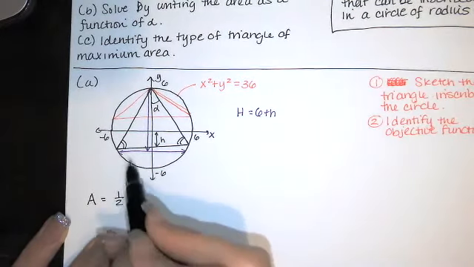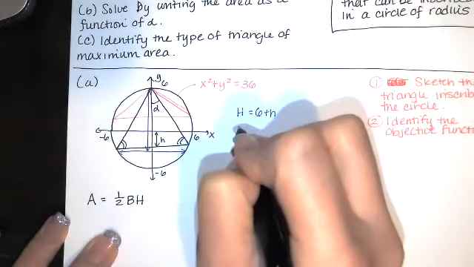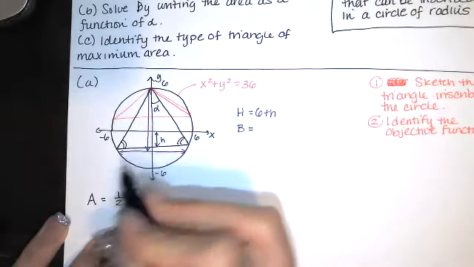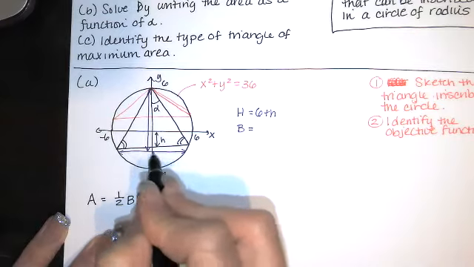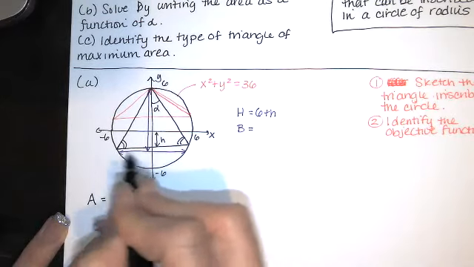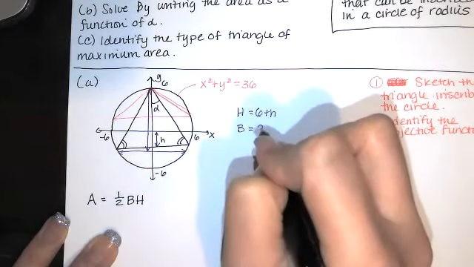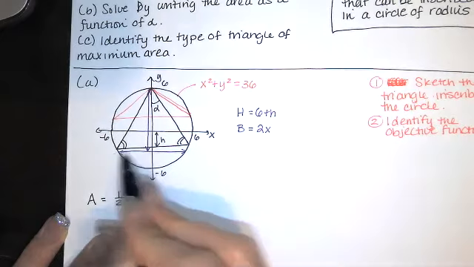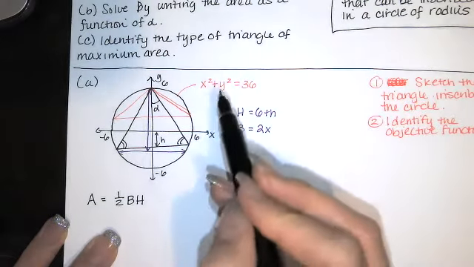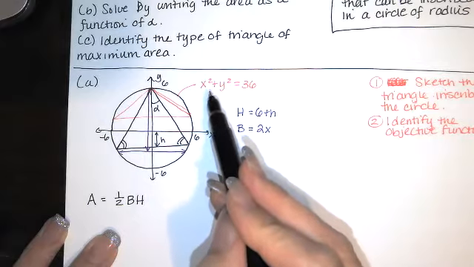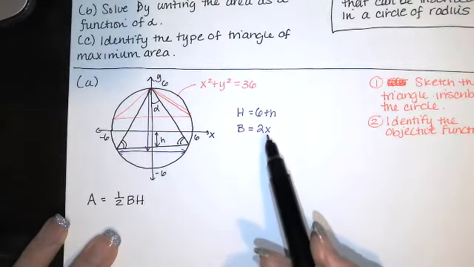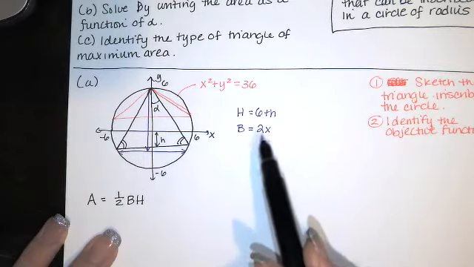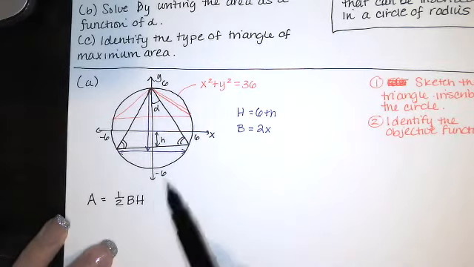And the base is x over here times 2, because if this is the distance x and this is the distance x, I'm going to double it. So it's 2x, where (x, y) is a point on this circle: x squared plus y squared equals 36. Now I can't use 2x here. I need to write x in terms of h so that I can get area entirely in terms of h.